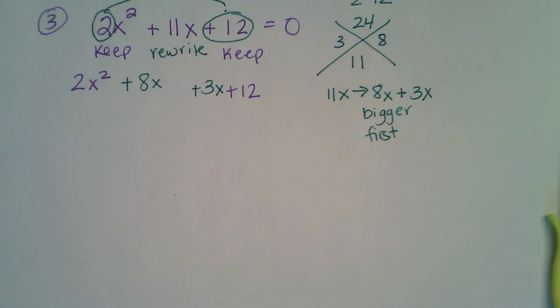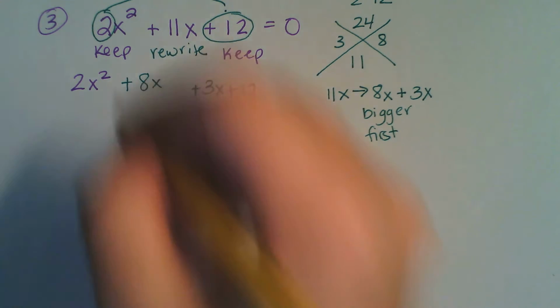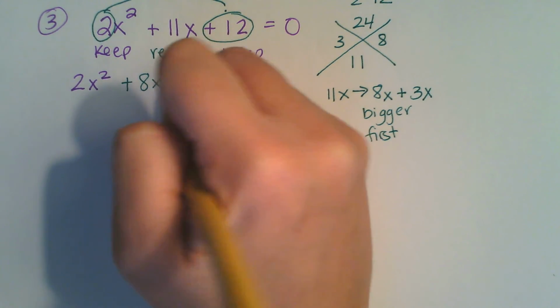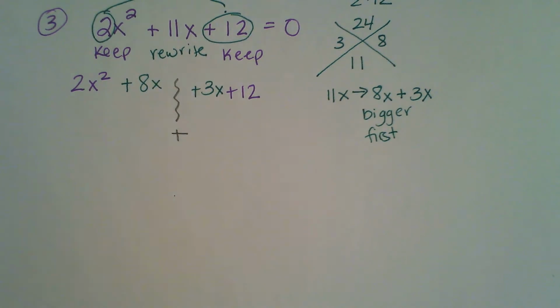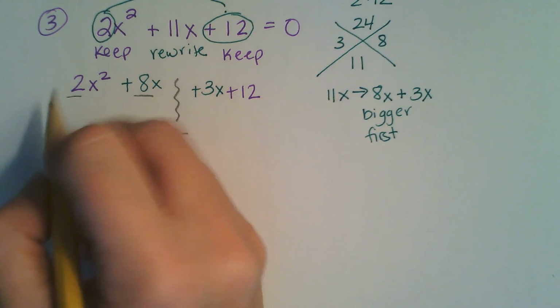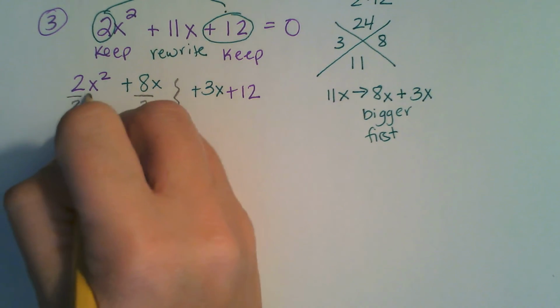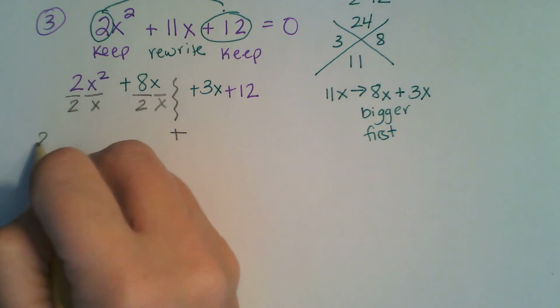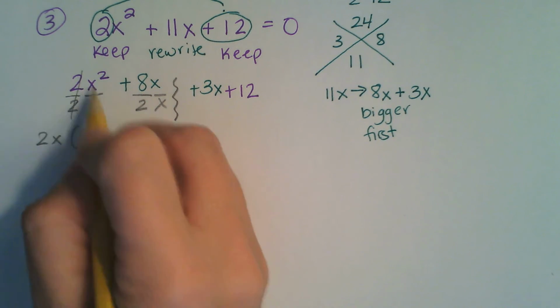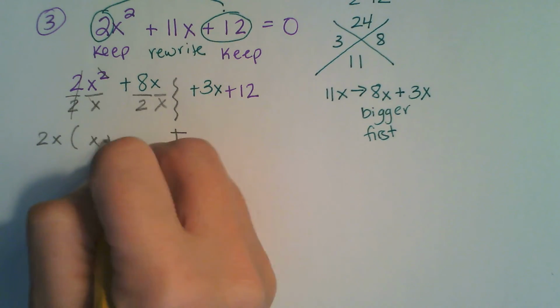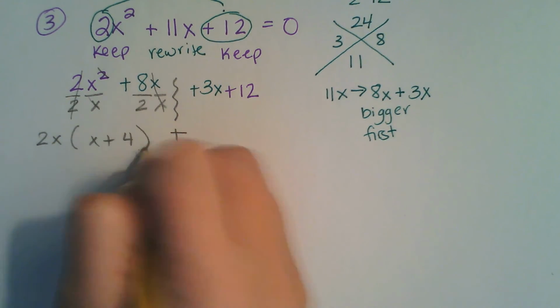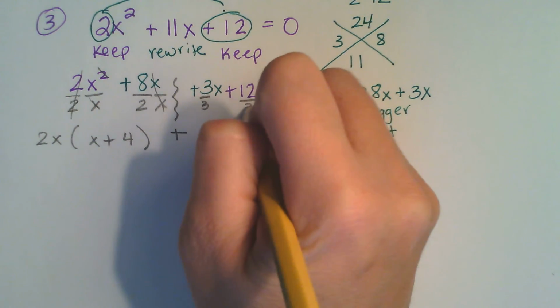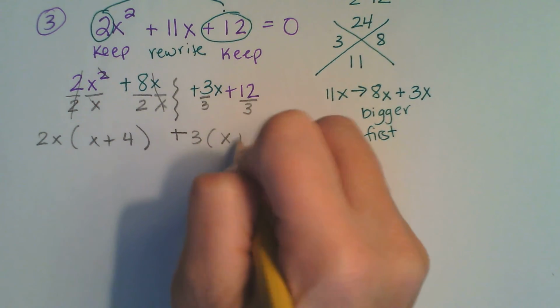Sorry, that's a little messy. Split it down the middle. And I'm going to try to see what I can divide out of 2 and 8. And I think I can divide a 2 from each of those. And an x from each of those. So I'm left with 1 x plus 4. Here I can divide by a 3. X plus 4.